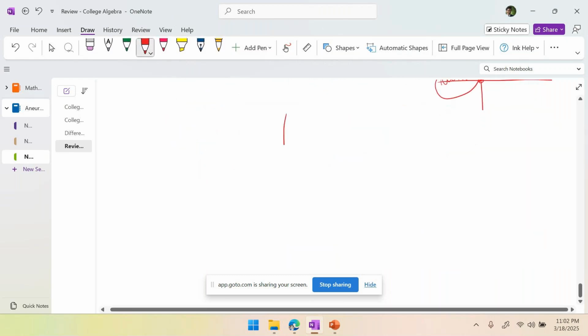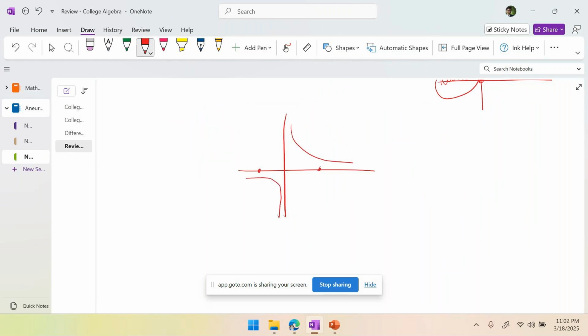Okay, and if you have something like this, you can see for these x values you have a corresponding y, but for x equals 0 you don't have a matching y. So in the domain just exclude x equals 0. That's how you identify the domain when the graph is given.